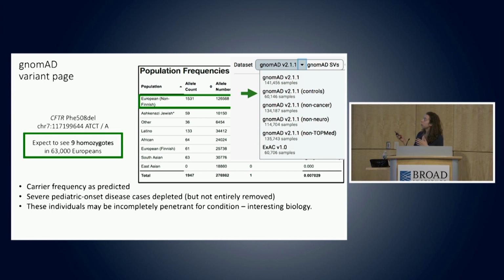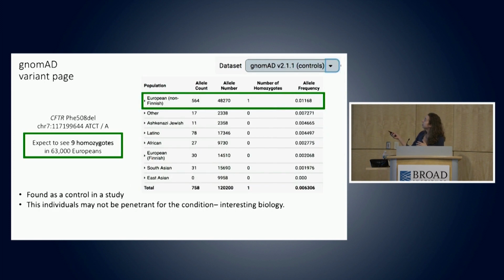So when you select this, it downsamples because we only have 60,000 people listed as controls in gnomAD, so it's a smaller data set now. But you see that this homozygous individual is still there. So whatever study they're participating in, they're a control. So it is what it is. It's just interesting.